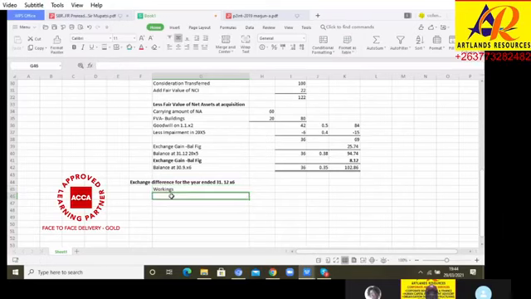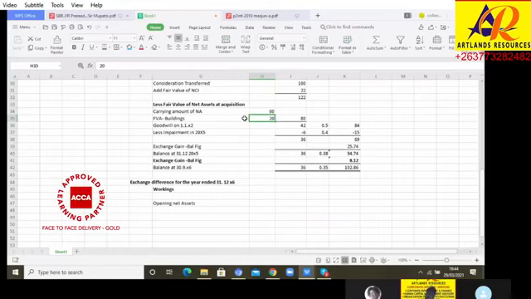Some workings first. We have got opening net assets. Remember, we acquired this company in 20x2, and the buildings which had a fair value adjustment, we are told they had a life of 20 years.